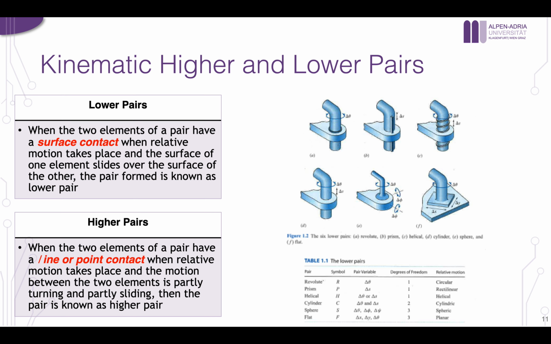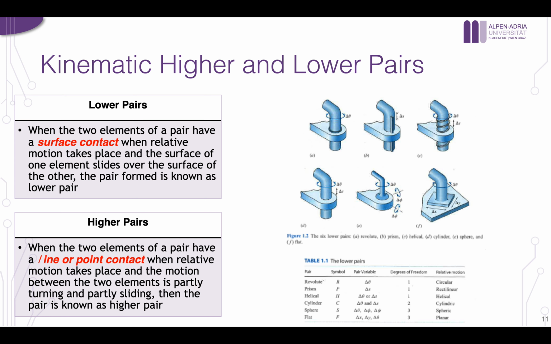All the joints on the right side are under lower pairs because they all have surface contact. So there is no point or line contact.